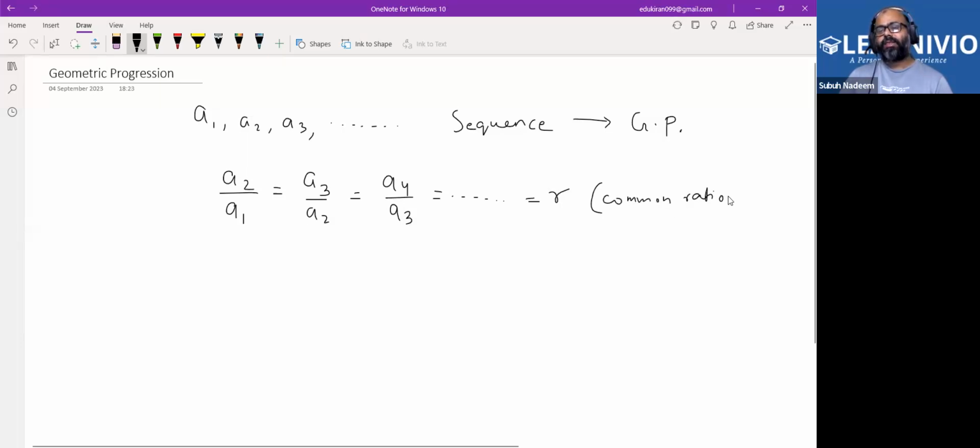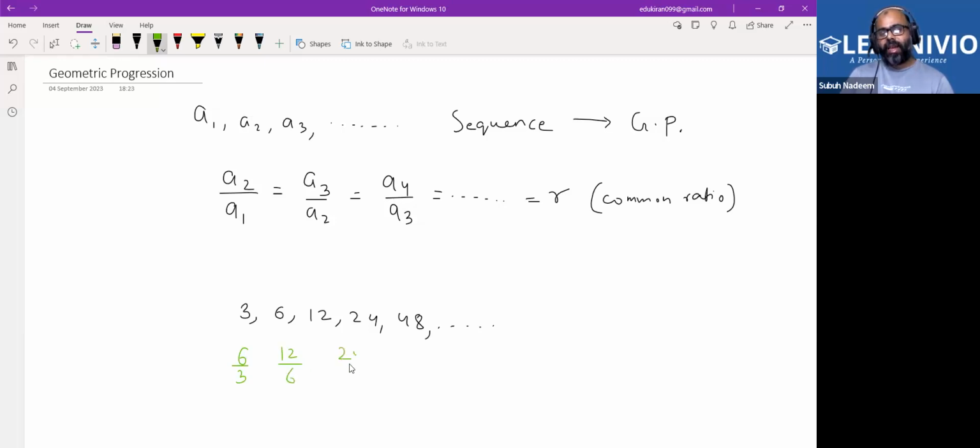Like if we take a simple example, we have 3, 6, 12, 24, 48, and so on. So if we take the ratio here, like 6 by 3, 12 by 6, 24 by 12, 48 by 24, you can say that all of them are the same.